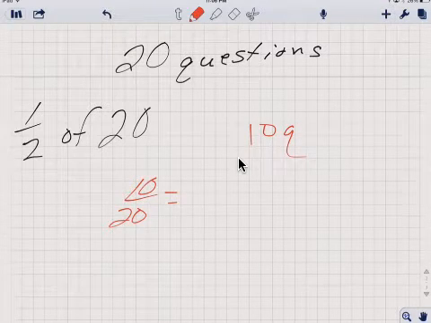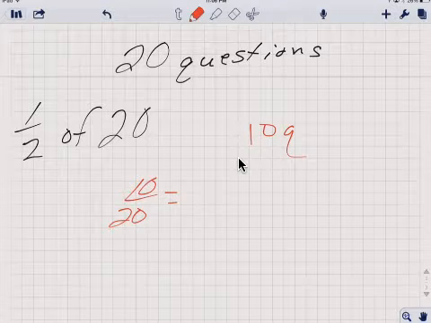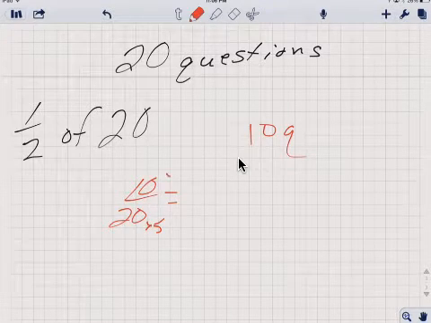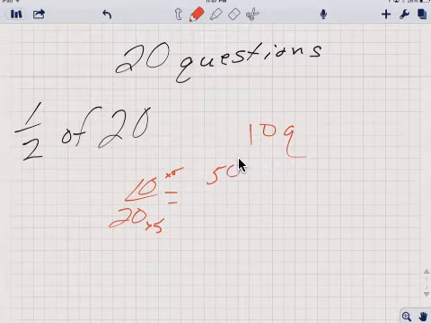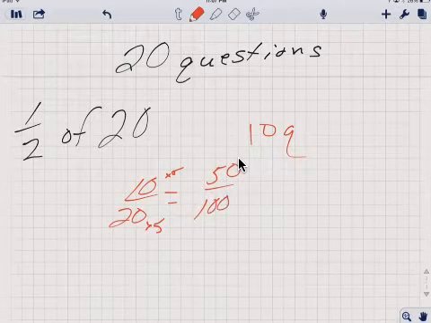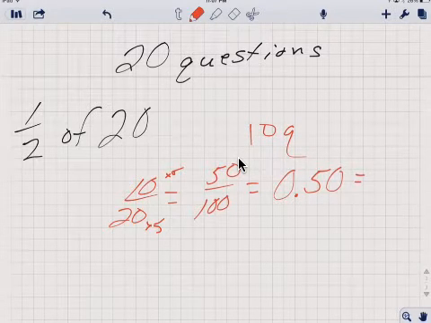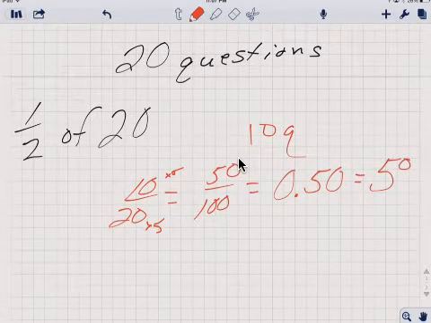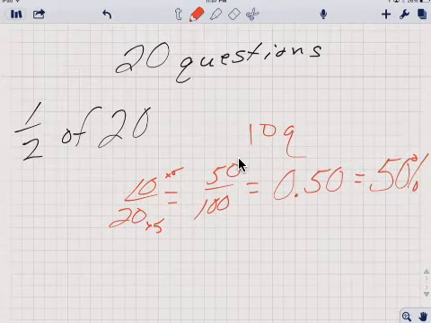If we can get it to terms of 100, it's very easy to build percentages. This would be multiplying it by 5 and by 5. So 10 out of 20 is the same thing as 50 hundredths. That would look like this in decimal, and in percentage land it looks like, whoops, not like that, but like this, 50%.